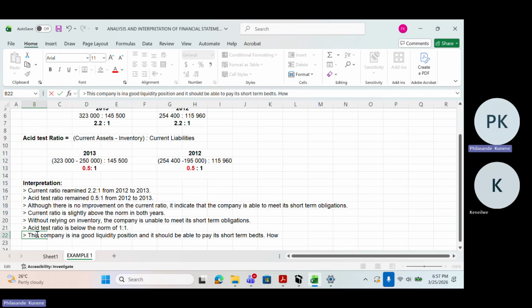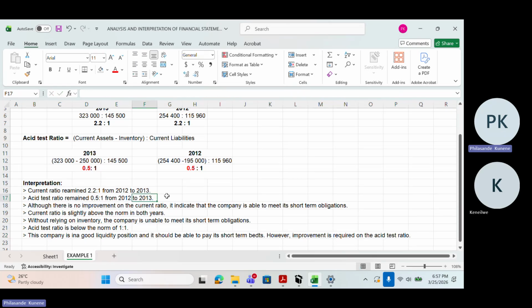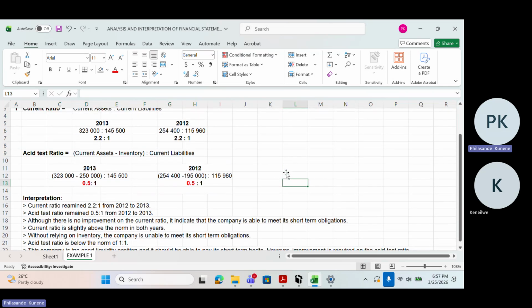However, improvement is required on the asset test ratio. We cannot lie about that. This one is bad. If it's like this, it's bad. So improvement is required. However, the liquidity position of the company is still good based on these two.